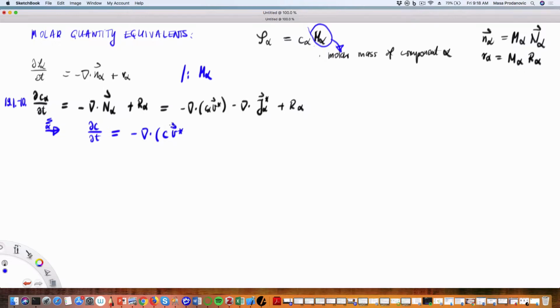So if I average velocities, I take weights that are basically X alpha. And plus, J alphas will disappear when I sum them up, because by definition their sum is 0, but R alphas will not.